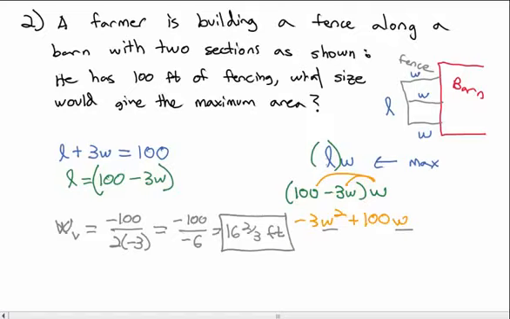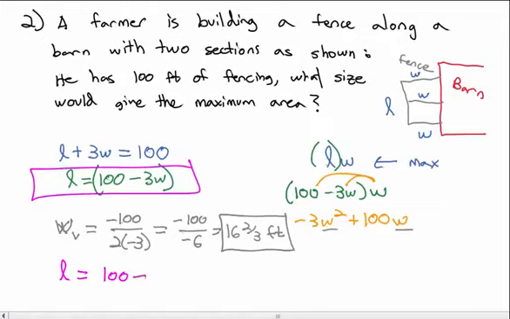We still need to find the length. In the length we've got this formula, 100 minus 3w. And if we change that back into a mixed number, or an improper fraction to make the math easier, that's going to be 50/3, which is really nice because the 3's divide out, and 100 minus 50 is 50 feet.